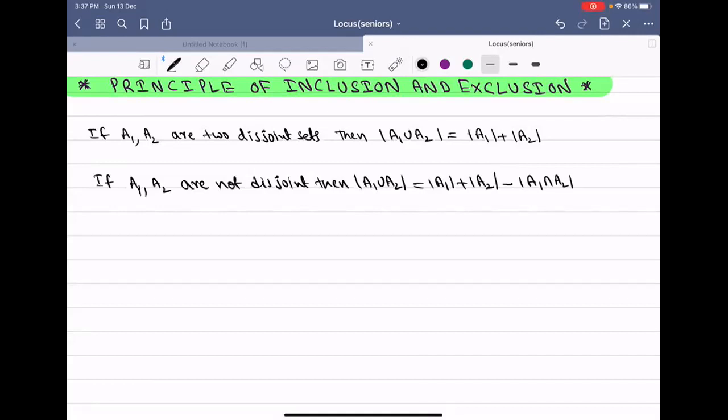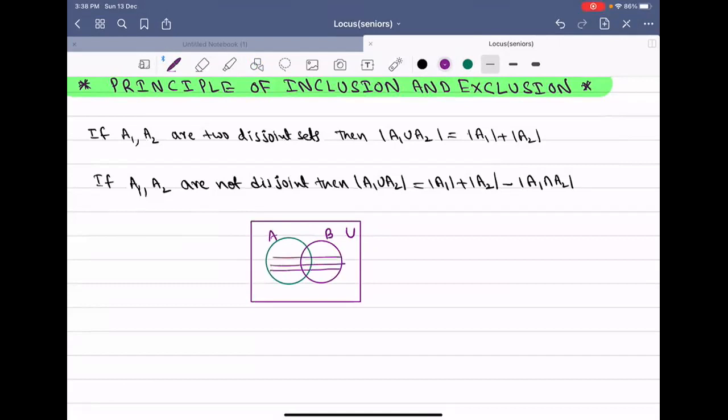Diagrammatically, if you see, this is the universal set U. Here is set A and another one is set B. So this is A1 and this is A2. The number of elements in A1 union A2 means this total shaded region.